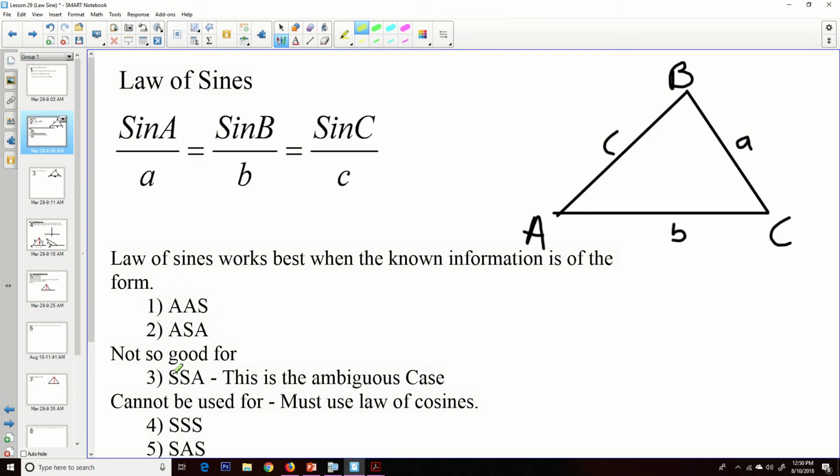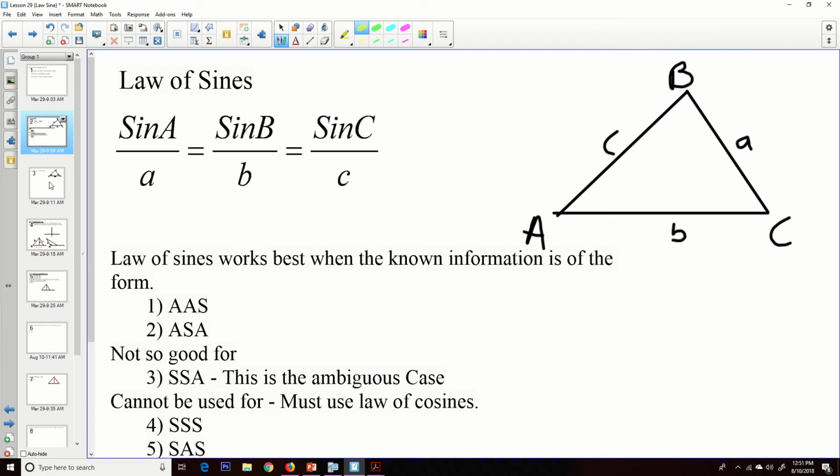It's not quite as good if you're given two sides and an angle. This is called the ambiguous case, and we're going to discuss that later. If you are given three sides, though, you cannot use the law of sines. You must use the law of cosines. Or if you're given two sides with an included angle, you must also use the law of cosines.